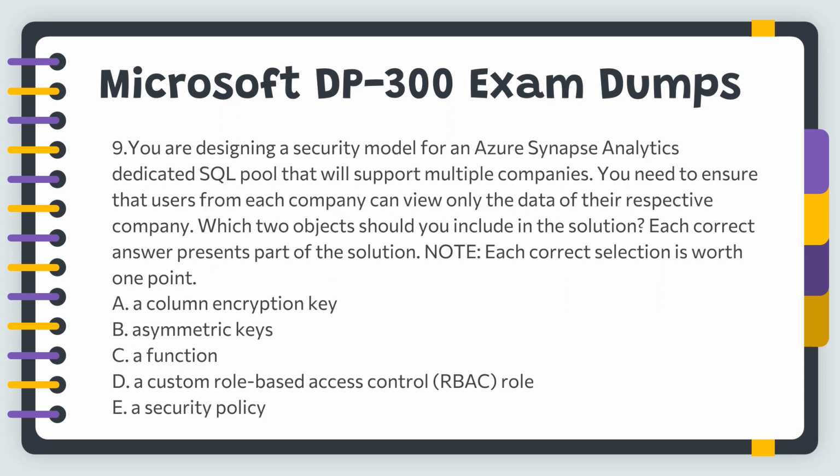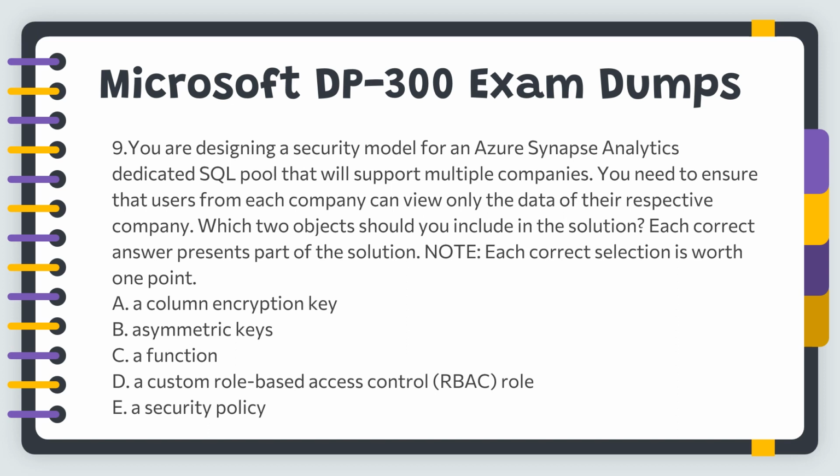9. You are designing a security model for an Azure Synapse Analytics dedicated SQL pool that will support multiple companies. You need to ensure that users from each company can view only the data of their respective company. Which two objects should you include in the solution? Each correct answer presents part of the solution.